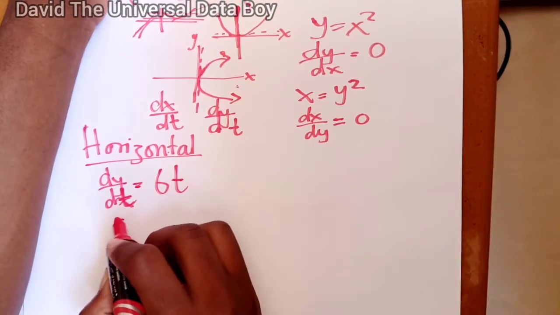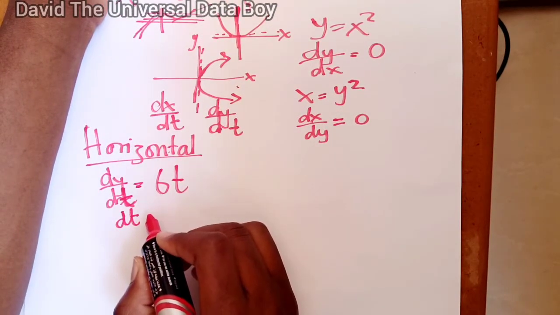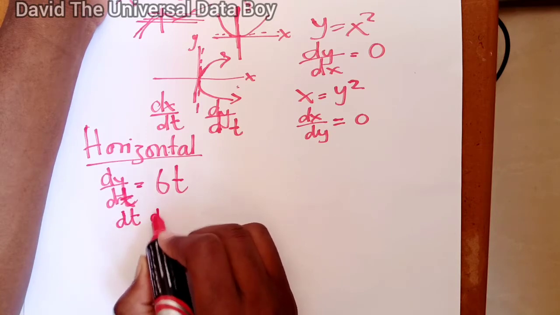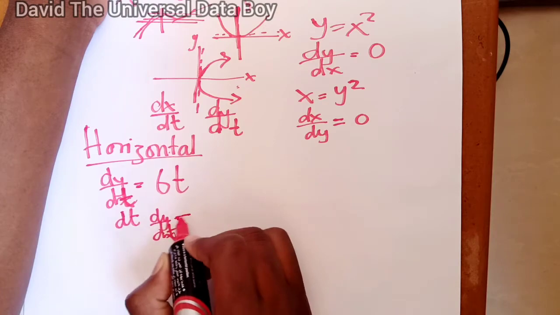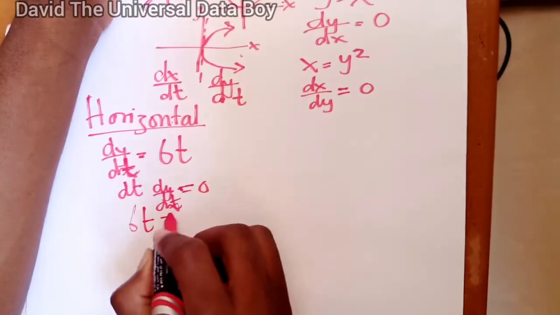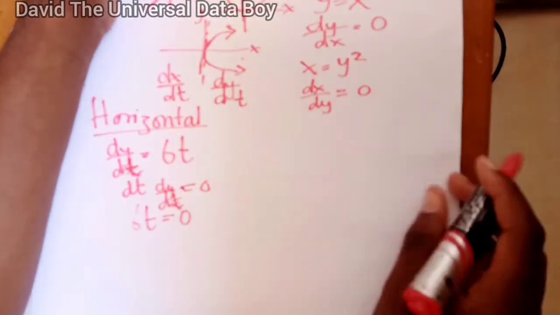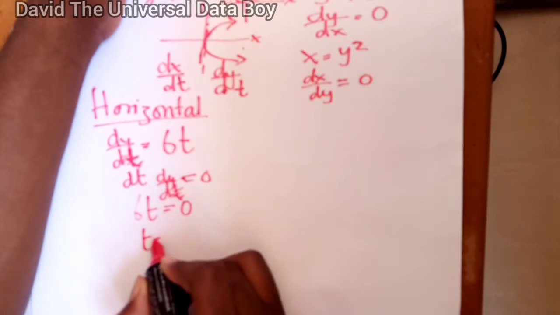So now at dy by dt equal to 0, you're going to have 6t being equal to 0. So now at this point you can conclude that your t is also equal to 0.